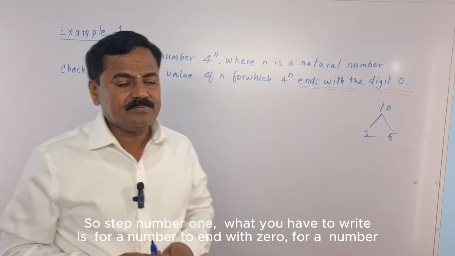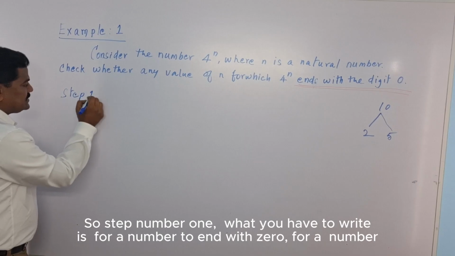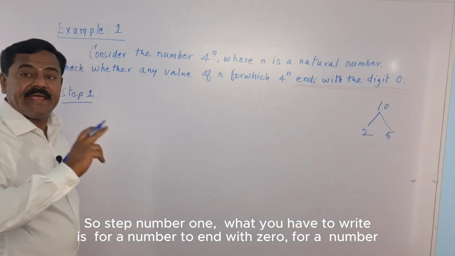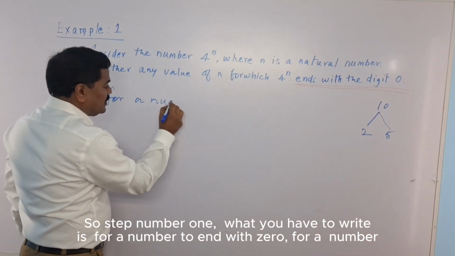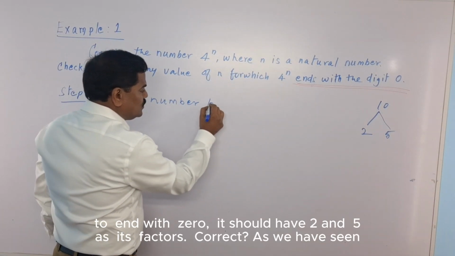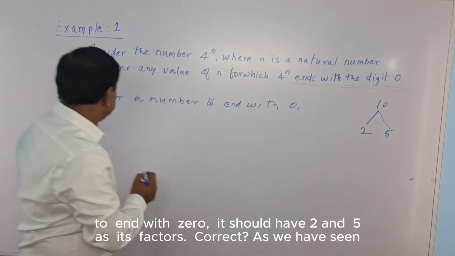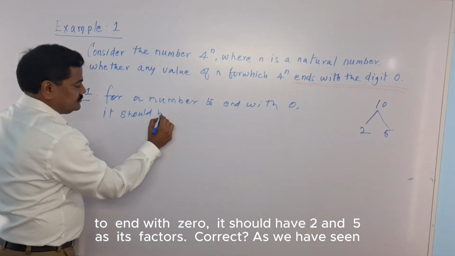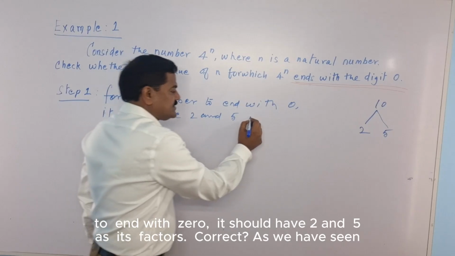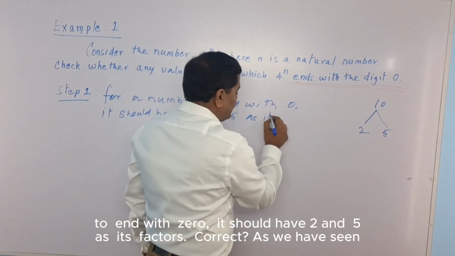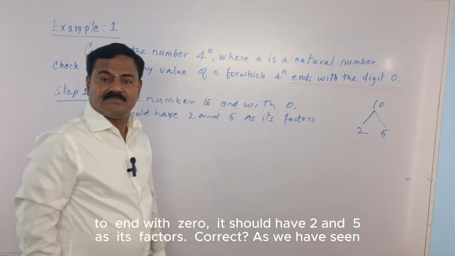So step number 1, what you have to write is: for a number to end with 0, it should have 2 and 5 as its factors, correct?